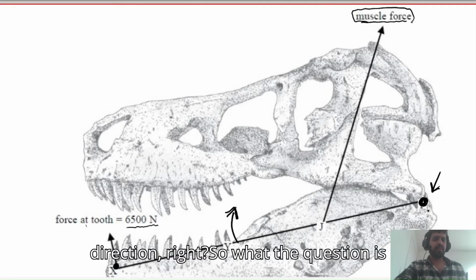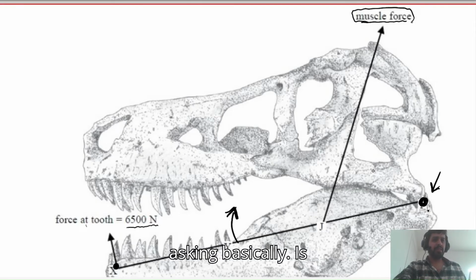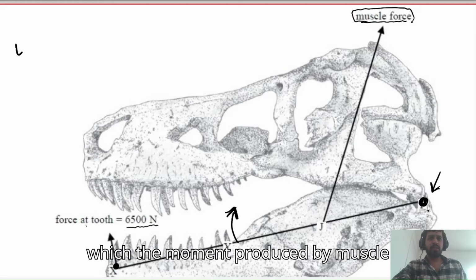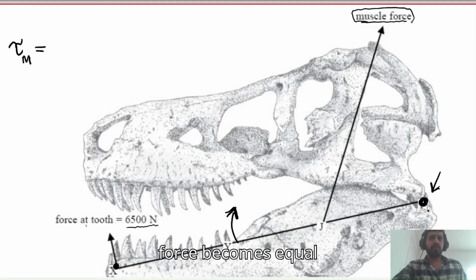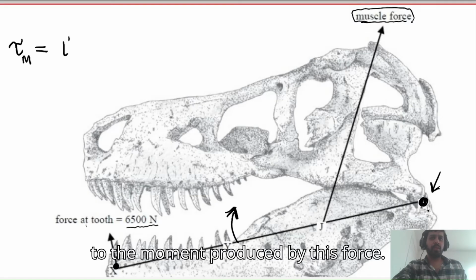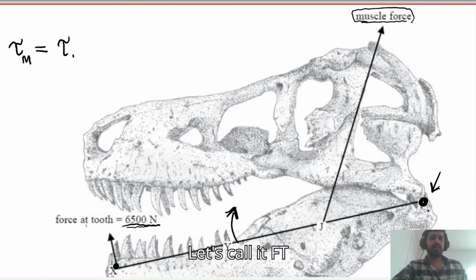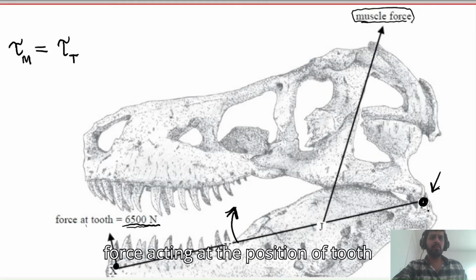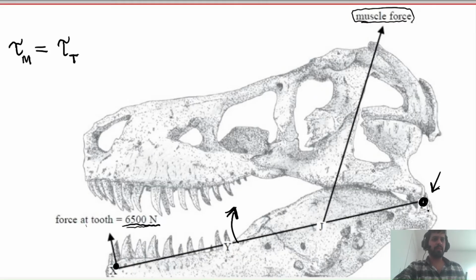So what the question is asking basically is to find the muscle force for which the moment produced by the muscle force becomes equal to the moment produced by this force. Let's call it Ft, the force acting at the position of the tooth.